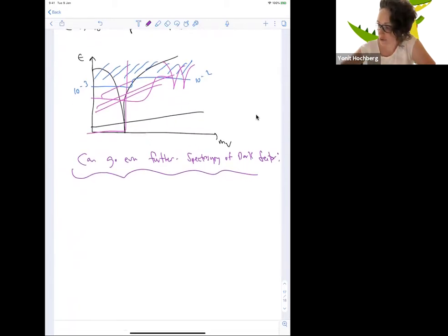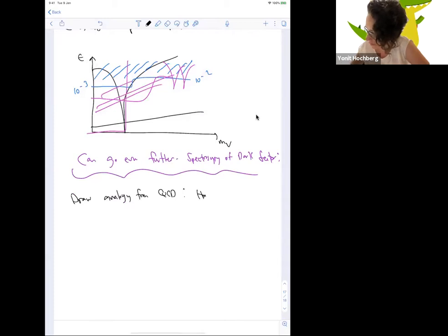So again, let me just draw an analogy from QCD. How do we know the beautiful, messy resonance structure of QCD?